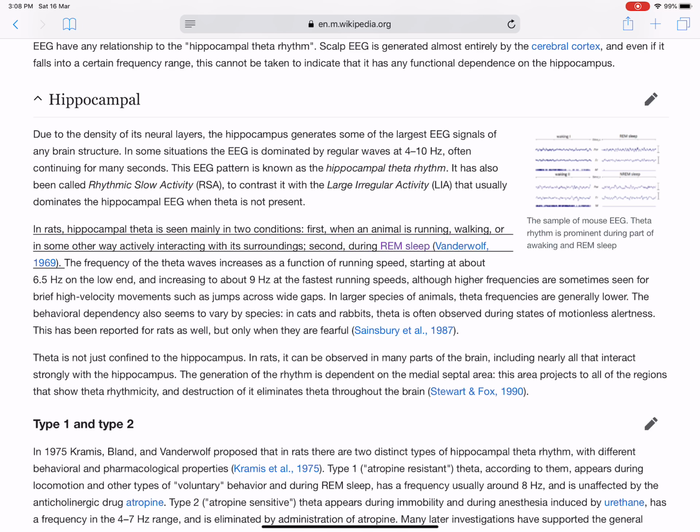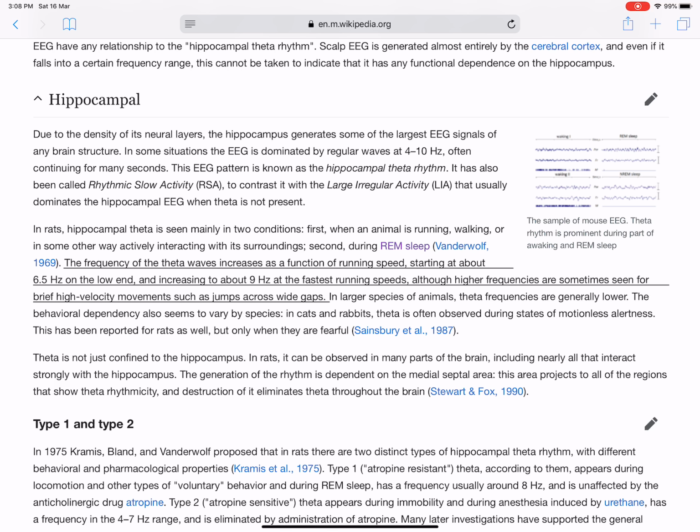In rats, hippocampal theta is seen mainly in two conditions: first, when an animal is running, walking, or in some other way actively interacting with its surroundings; second, during REM sleep. Van der Wolf, 1969. The frequency of the theta waves increases as a function of running speed, starting at about 6.5 Hz on the low end, and increasing to about Hz at the fastest running speeds, although higher frequencies are sometimes seen for brief high-velocity movements such as jumps across wide gaps.